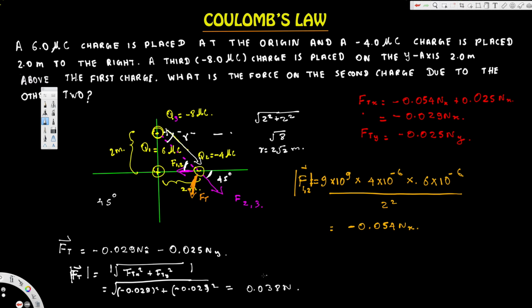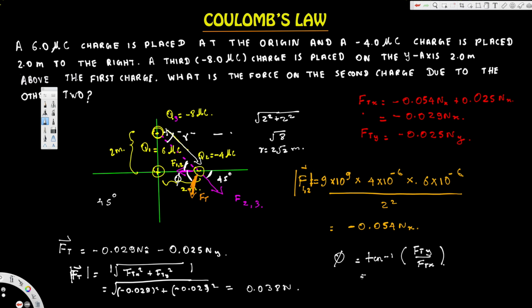Now we have the force, but we have to find the angle. Okay, we are talking about this one right here, the angle it makes with the horizontal. Let's call this one phi. To find phi, the equation is tan inverse of F total y component divided by F total x component. Since we know both of them, we can plug them in here and find the angle.